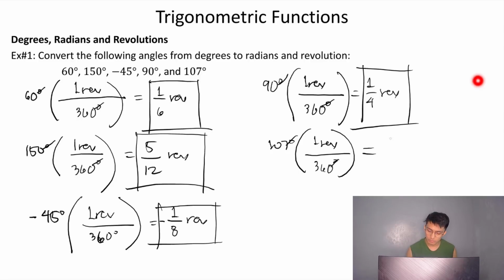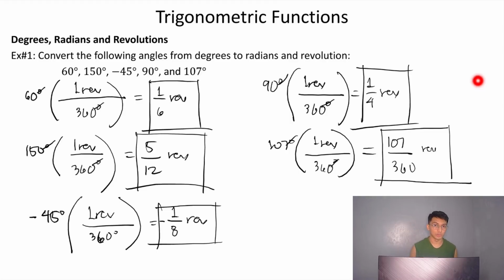We have 107 over 360 revolutions. Or if you want to make it to decimal, kayo na po yung bahala. But since we are in fraction terms, 107 over 360 revolutions is the final answer. So that's for the conversion from degrees to revolution.